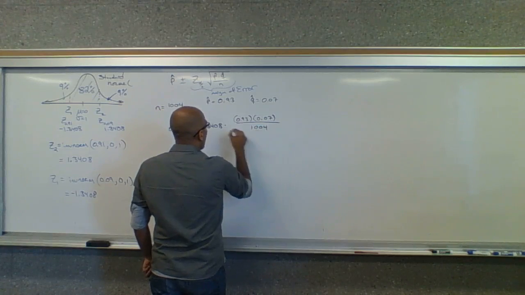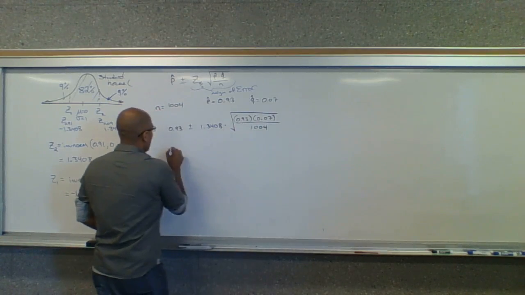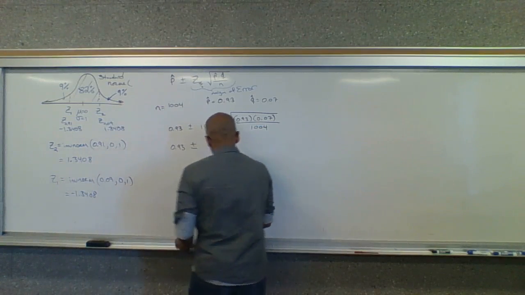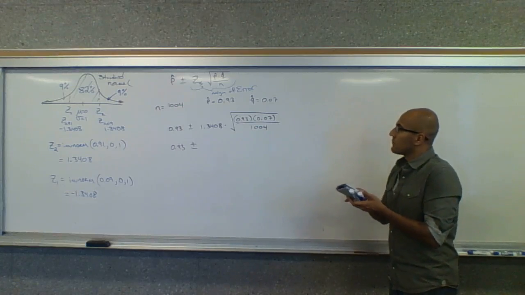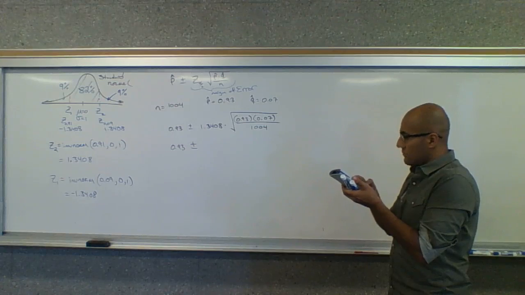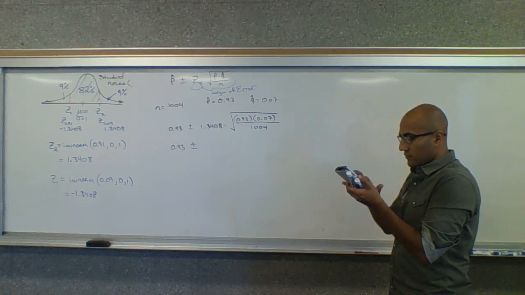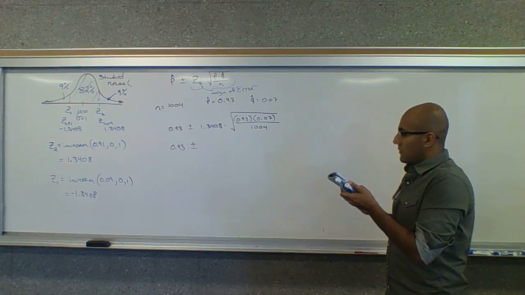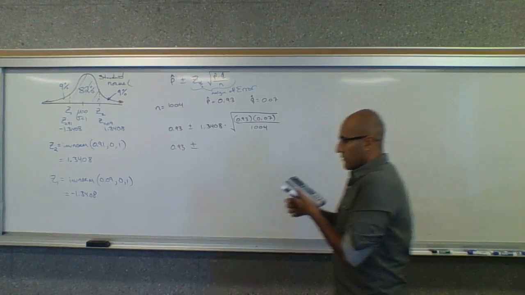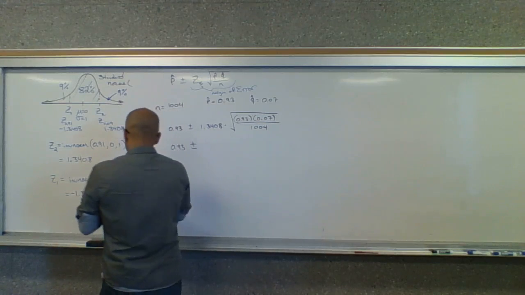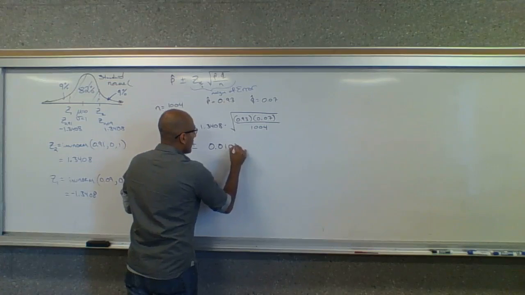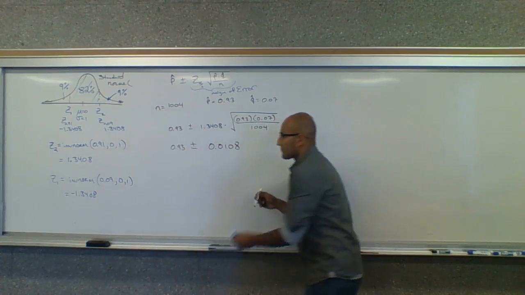So let's figure out what that is. I'm getting 0.0108. Okay, so that's what we call the margin of error.